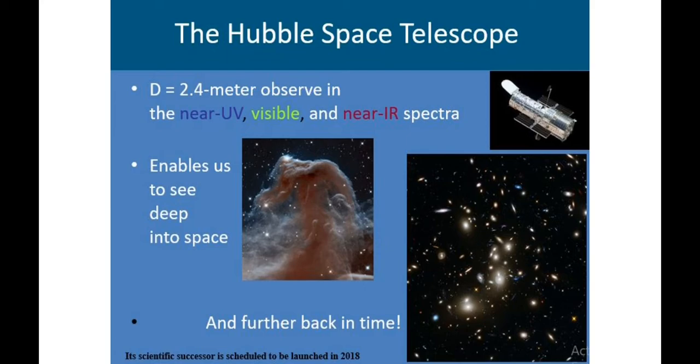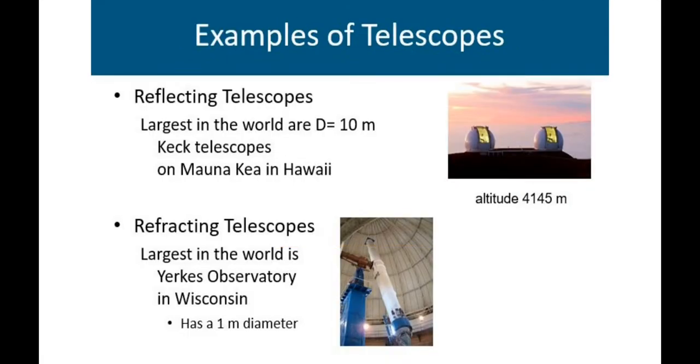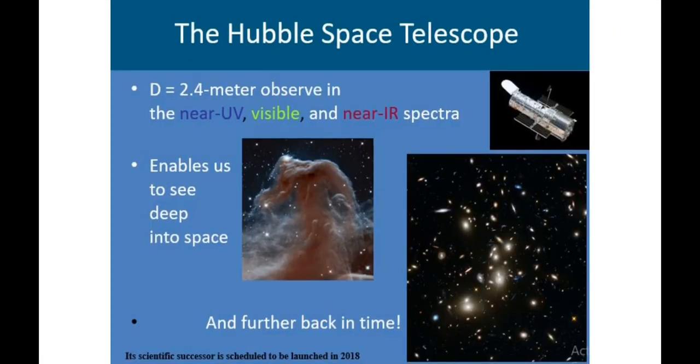But in space it works much better, and the famous Hubble telescope is 2.4 meters in diameter, and it can work in the near ultraviolet, visible, and near infrared spectrum. So this type of telescope actually gives better resolution than the 10-meter telescope in Hawaii, even better. The pictures are presented here.